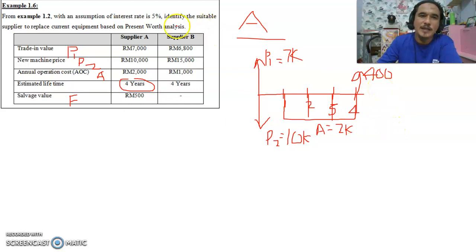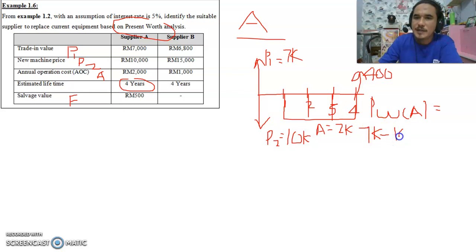Then how do we calculate the present worth? PW for A equals 7k minus 10k.